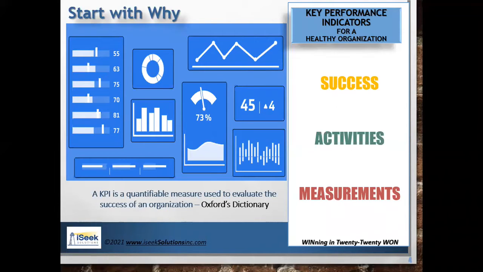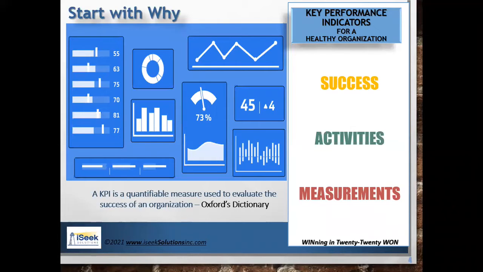And so if we use the example of needing to generate and produce more widgets so that we can meet the 10% goal of selling more widgets, now we're looking at the KPIs. We're looking at the indicators that say that we're performing well.